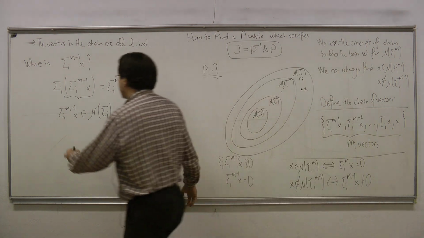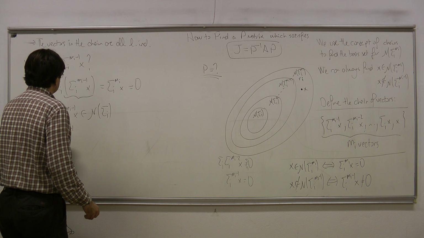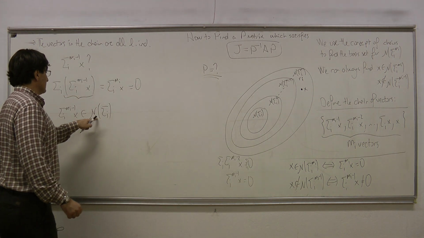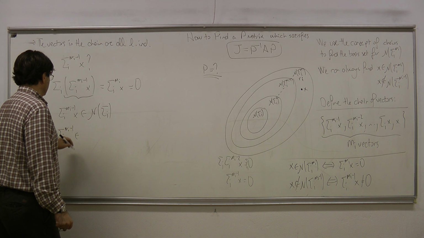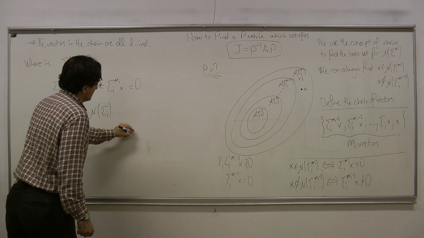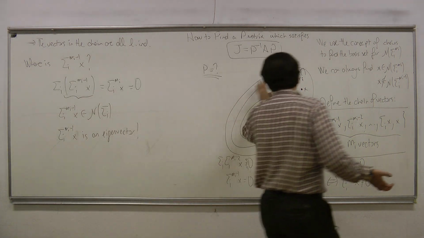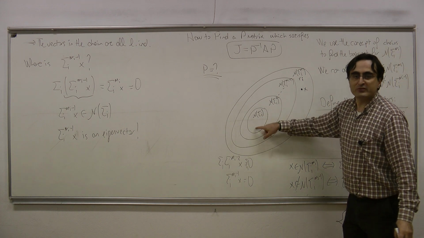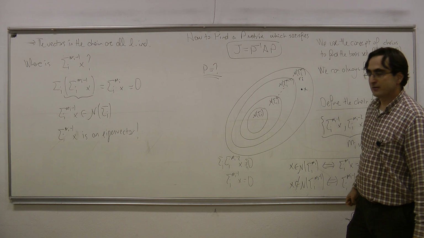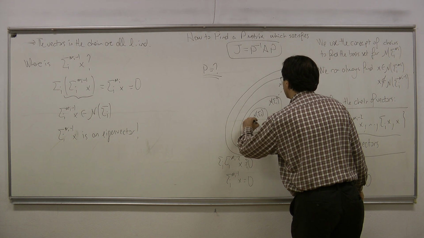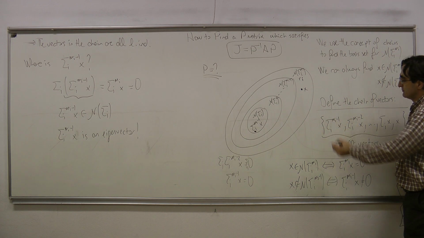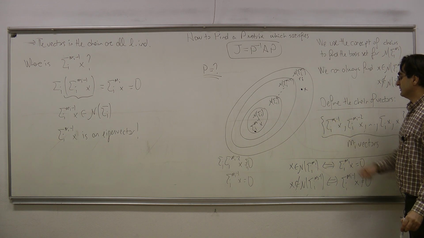So that means this sigma I to the mi minus 1 x is non-zero, I know that because of this property, and since it is inside this null space, it is an eigenvector. And where is it living in this structure? In the innermost disk, right? The innermost circle is our eigenspace. So I have sigma I to the mi minus 1 x living here in the eigenspace, and this vector is an eigenvector.